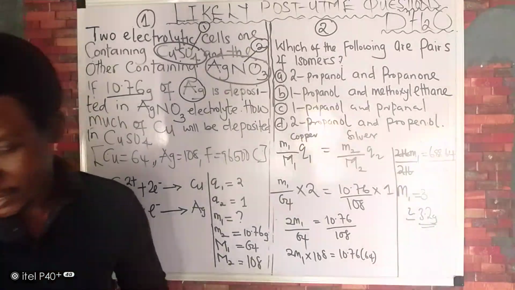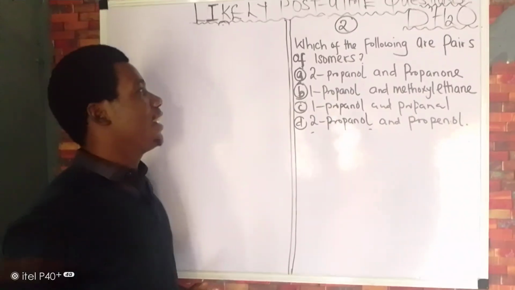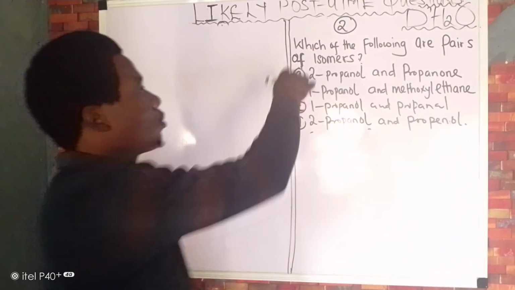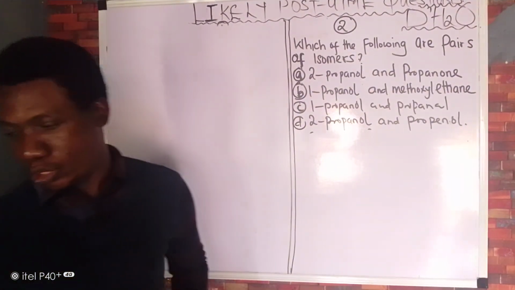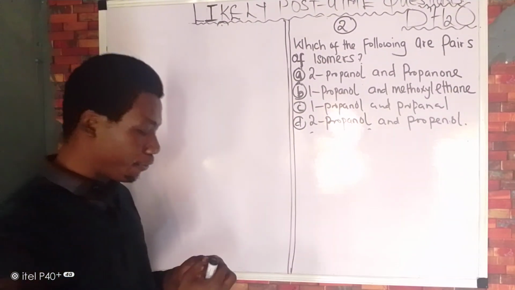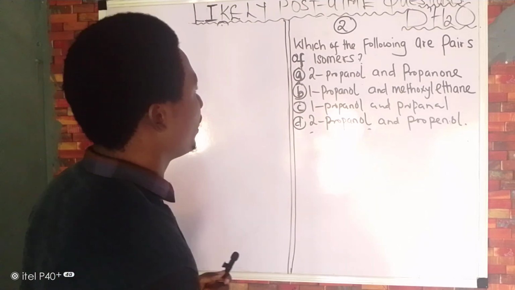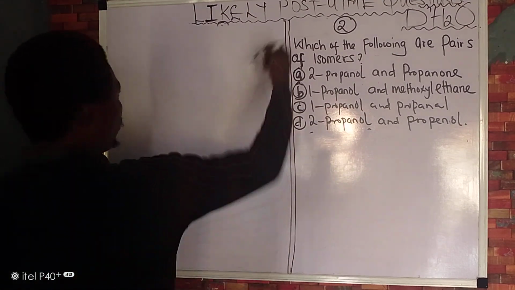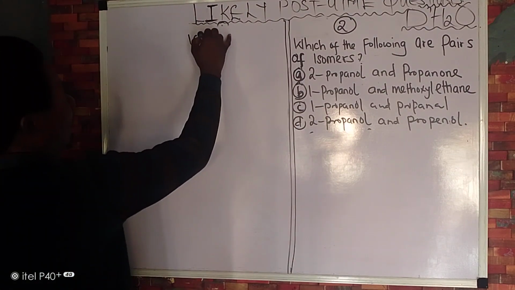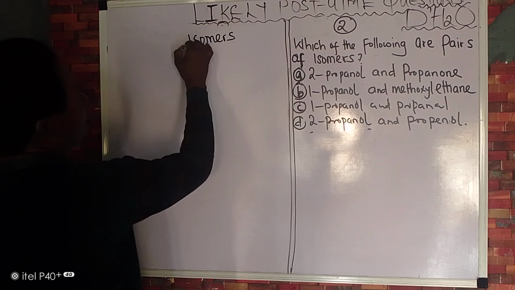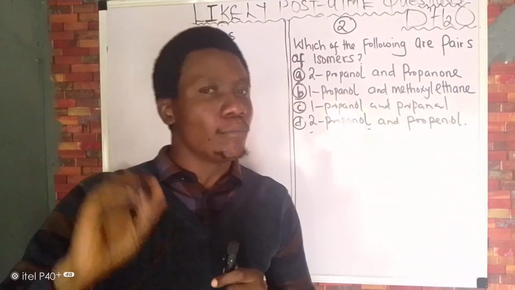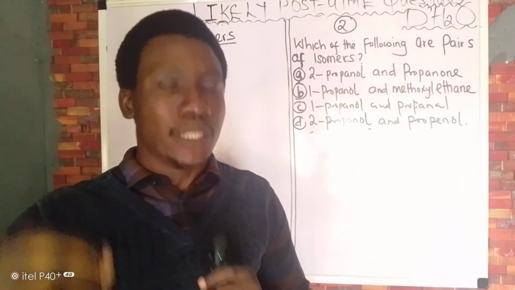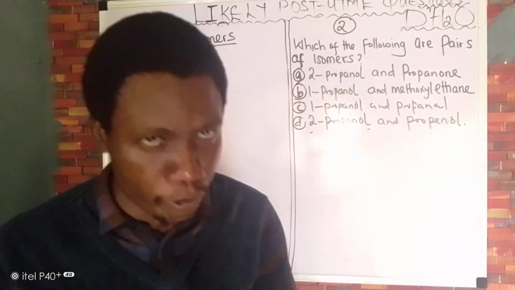Okay, so let's quickly take the second question. Which of the following are pairs of isomers? Remember that isomers are two or more organic compounds with the same molecular formula but different structural formula.